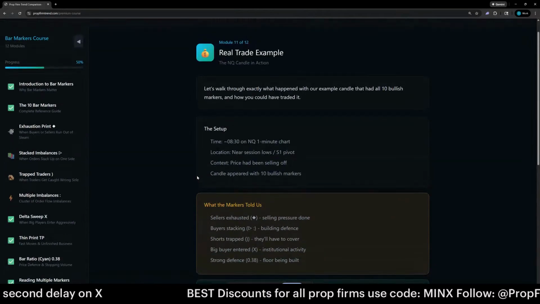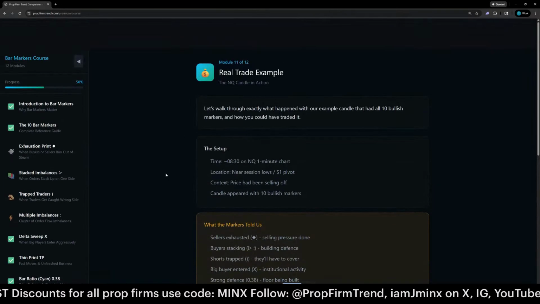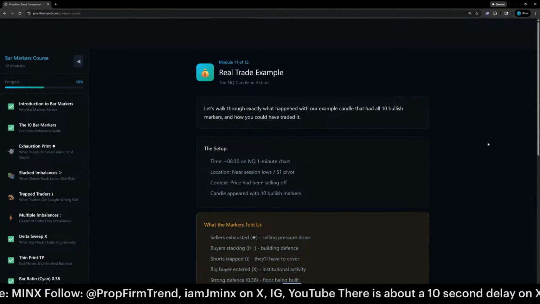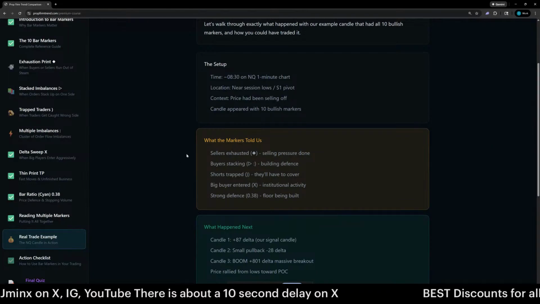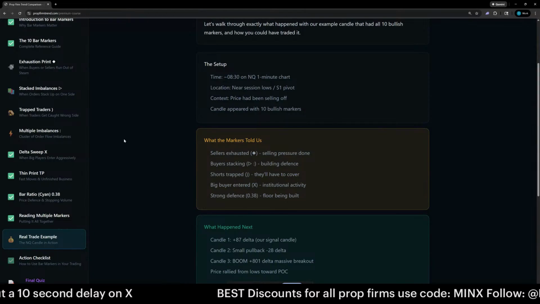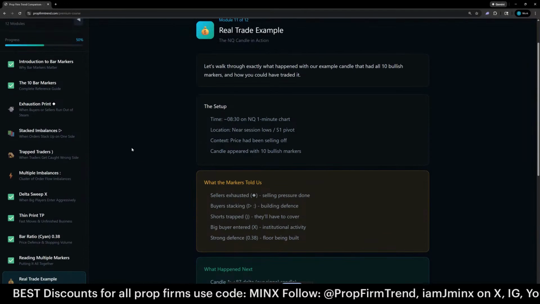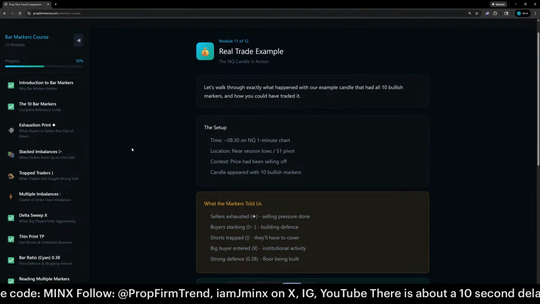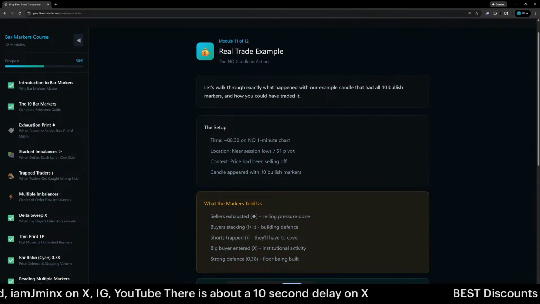I don't want to waste my time finishing this up if it's not making sense, if it's too hard to understand. Obviously, I went quickly over it because this would take too long to go over. But does this, at least to this point, make sense, what I'm talking about with the bar markers?